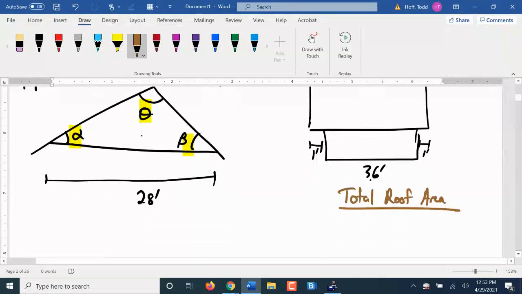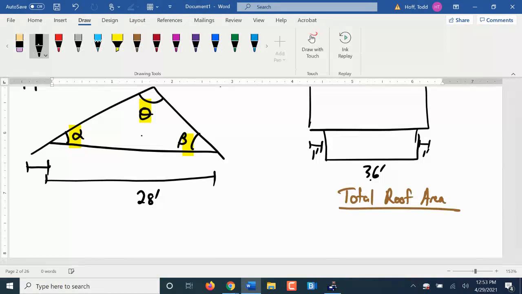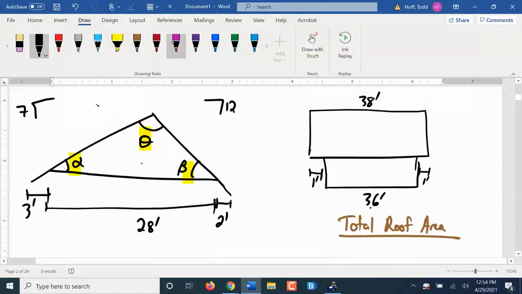So we need some overhangs here as well to get that total roof area. Let me label that. Let's say we're overhung by 3 feet on this side, and let's do a 2-foot overhang on that side. So alpha and beta here are really simple to find.